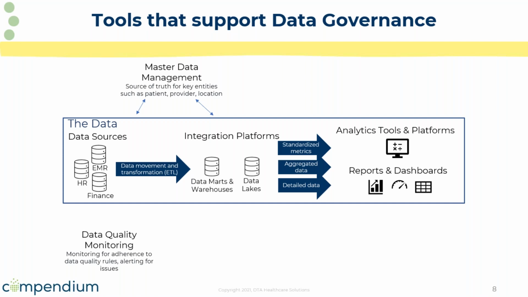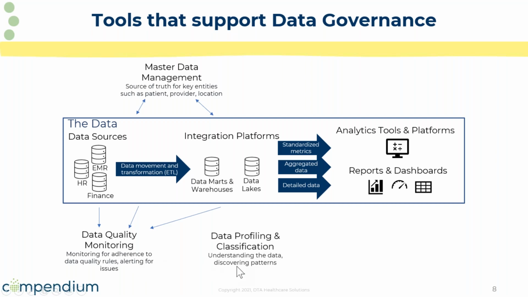And sometimes those tools will also be involved in the correction of those issues. So data quality monitoring tends to pull data from your source systems. It tends to look at your transformations in your ETL, your data movement, and then look at your integration platforms, trying to make sure that all the data is correct as much as possible.